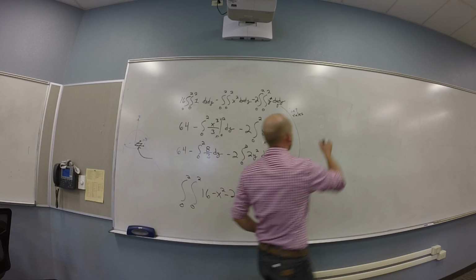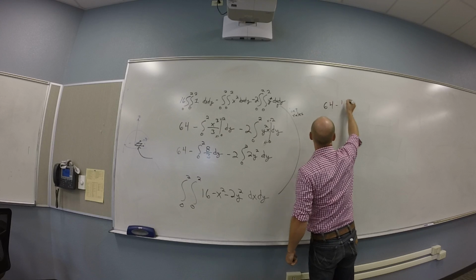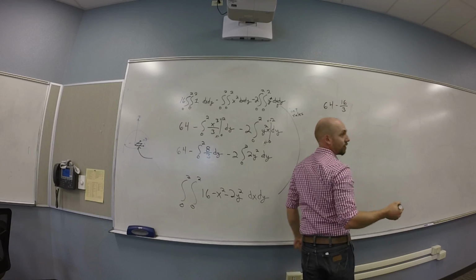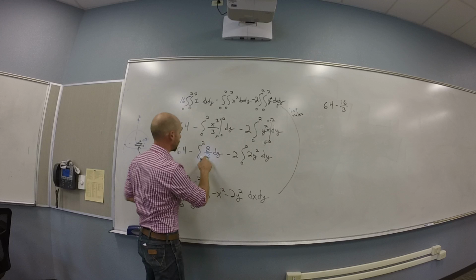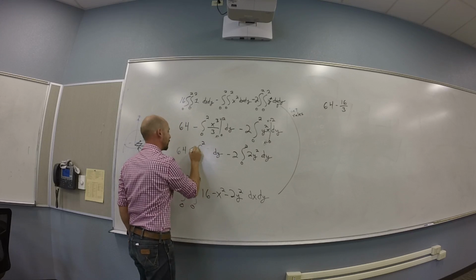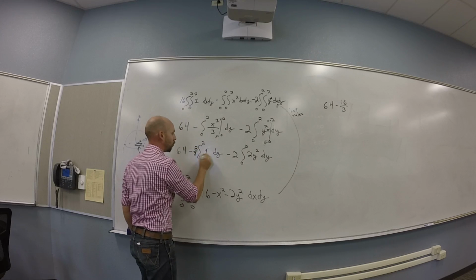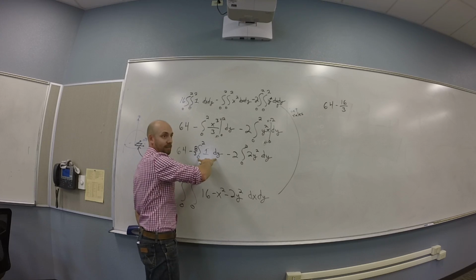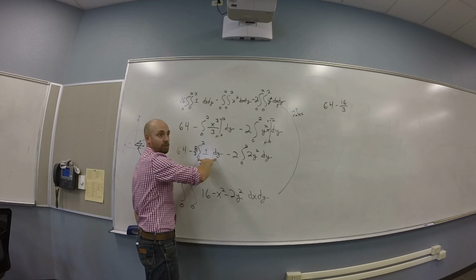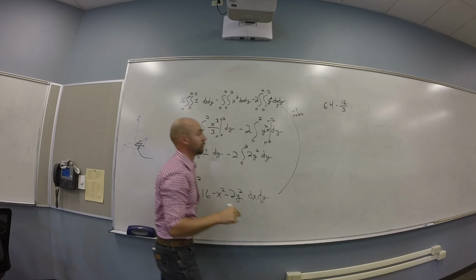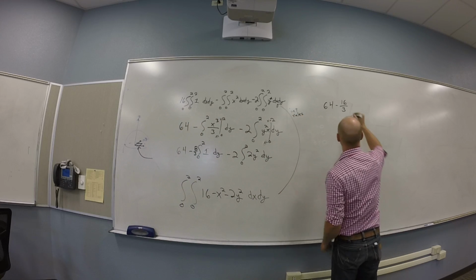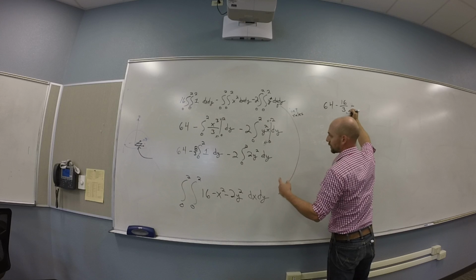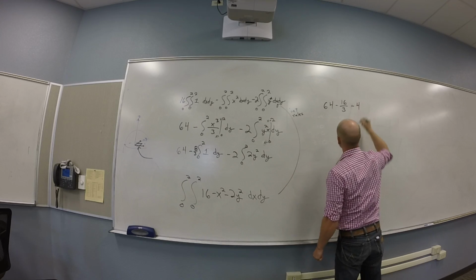So I get 64 minus 16 thirds. Right, because I was integrating, really, you could pull the 8 thirds, and so you got 8 thirds times 1. And then this thing is just how long is that guy? You're integrating from 0 to 2, so it's 2 long, so you get a multiplication by 2. And then here you got a minus 4.